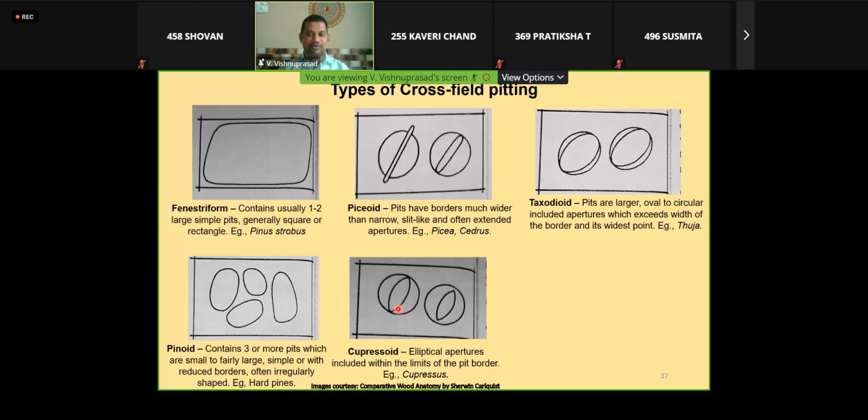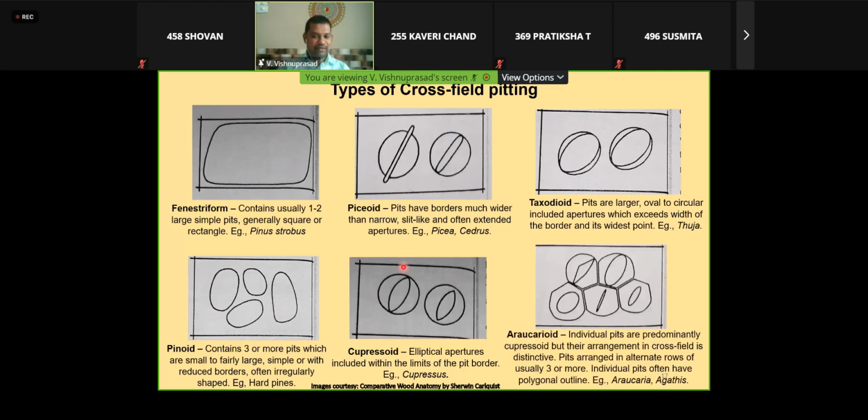Then you have this araucarioid. Araucarioid is predominantly like cupressoid ones, but the pits are very distinctive. You can see there can be oval, elliptical, or diamond shaped ones, and they have a polygonal outline also. The entire pit, if you observe, has a polygonal outline.